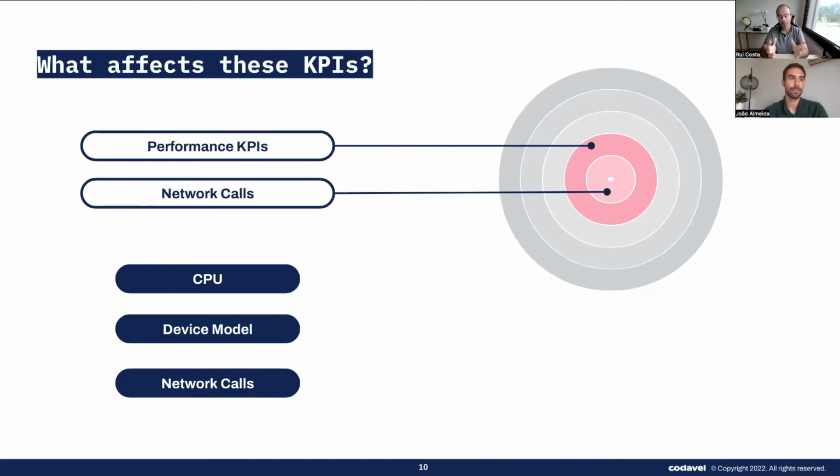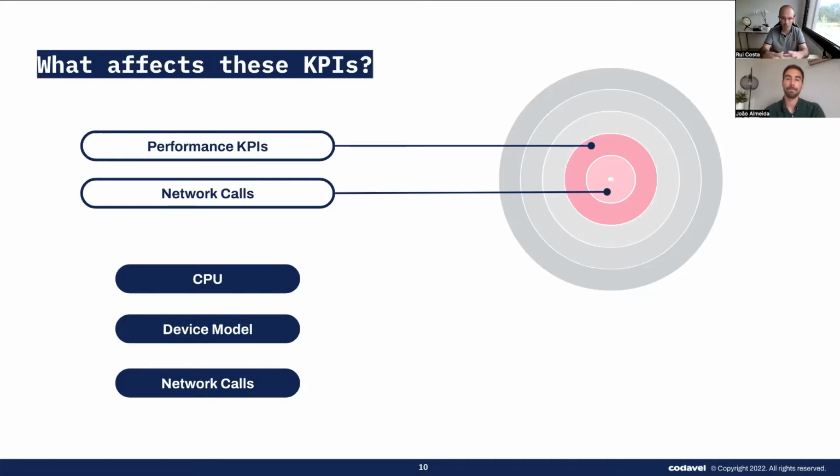But now the question becomes: all right, I need to be aware of time to interactive, I need to be aware of video startup time. But what's happening underneath? What are the phenomena that impair or impact these KPIs, like time to interactive, for example? Obviously, there are a lot of other things, including how you design your user funnel and your user journey throughout the application.